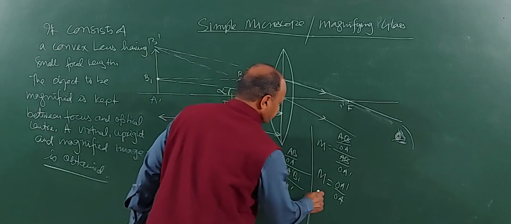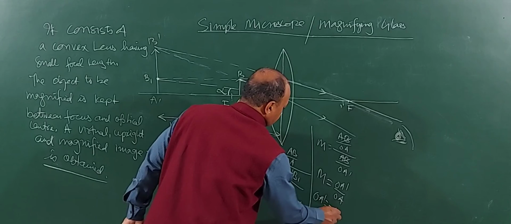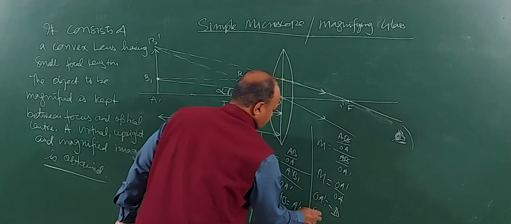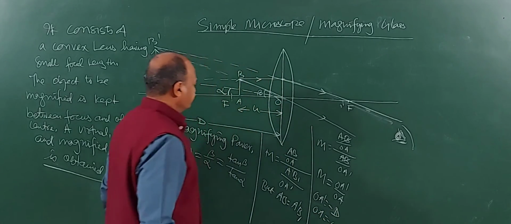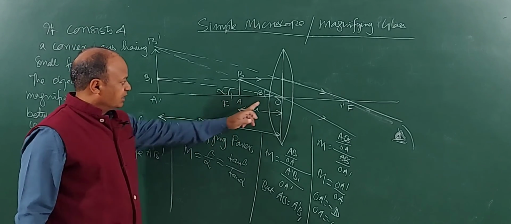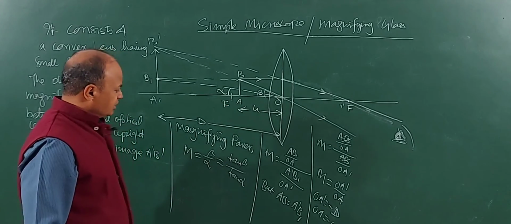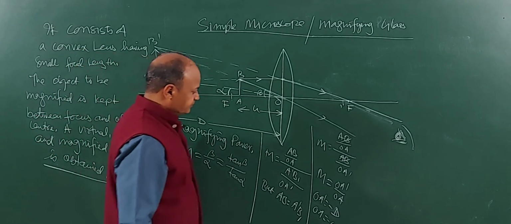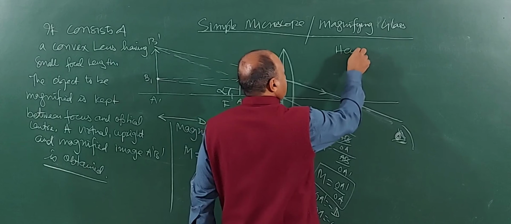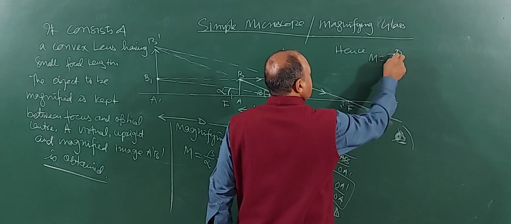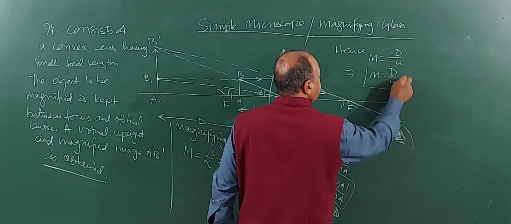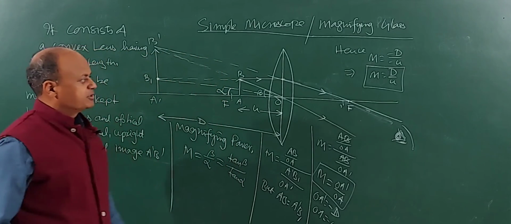So I'll say here OA dash is equal to minus D, which is the image distance, and OA is equal to minus U. So if I substitute this value in this equation, hence magnifying power M is equal to minus D by minus U. So M is equal to how much here? D by U. So children, magnifying power is M is equal to D by U.